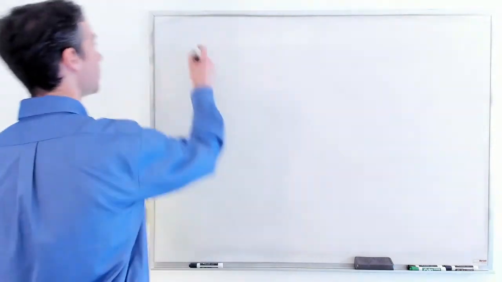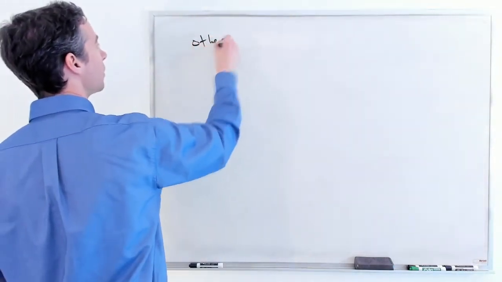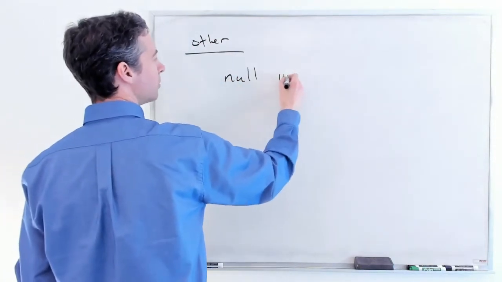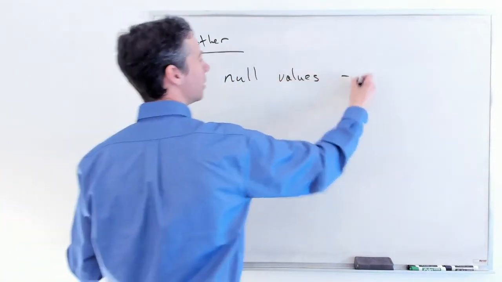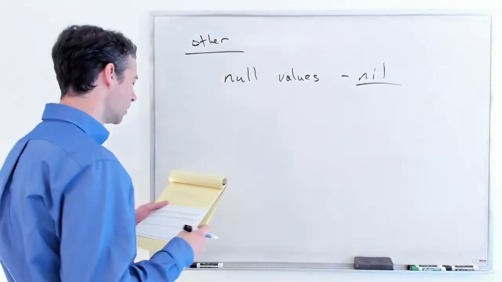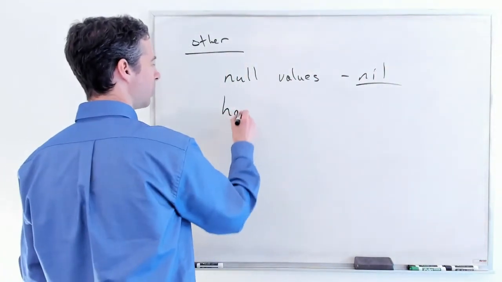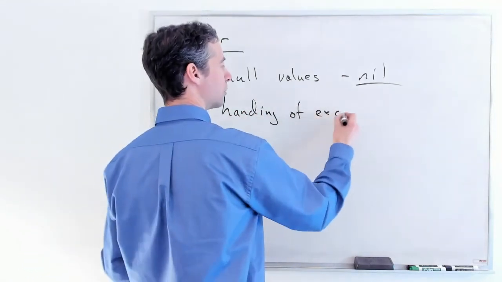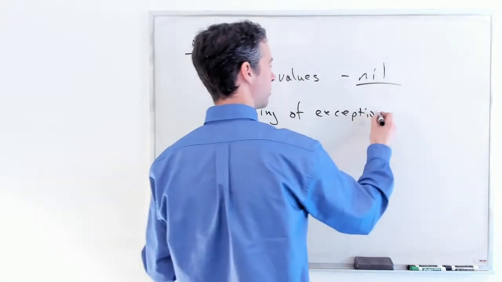Likewise, other stuff that you want to look for is, as I mentioned, null values floating around, in Ruby, a bunch of nils. Is there proper handling of exceptions, or throwing and raising of exceptions?